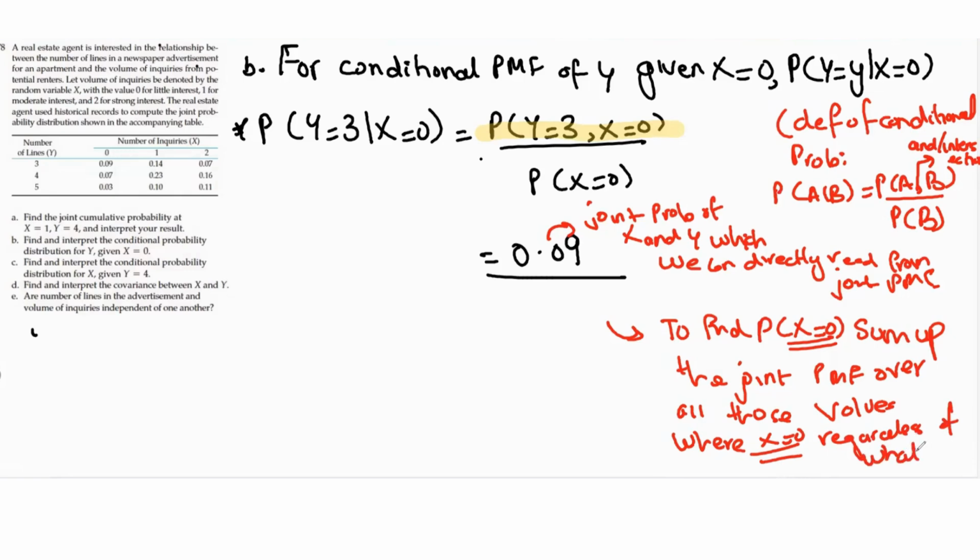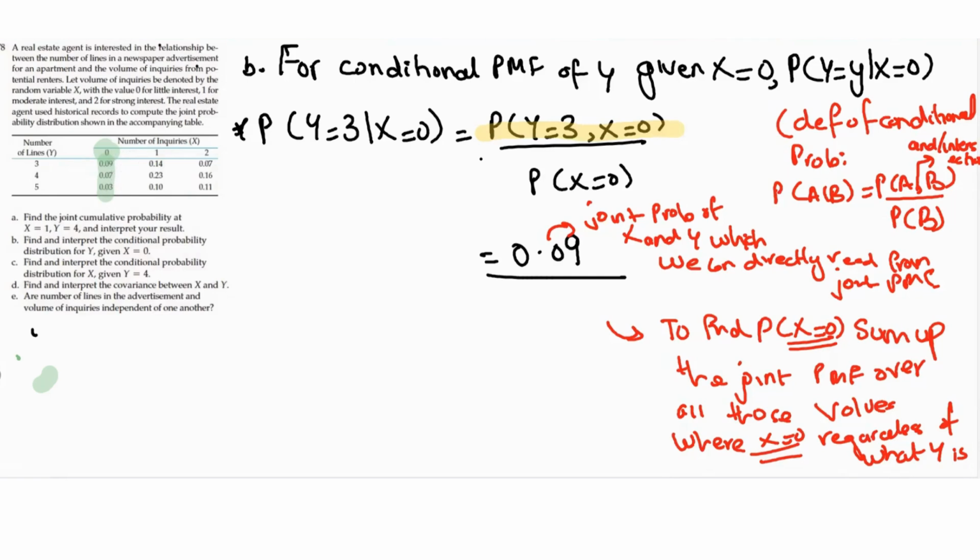These values in the joint PMF, this column corresponding to X equal to 0, are where X is 0 regardless of what Y is.